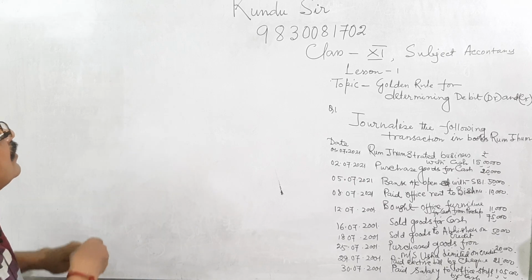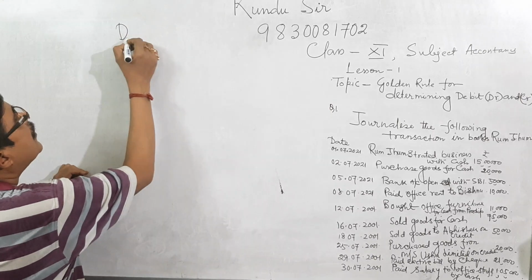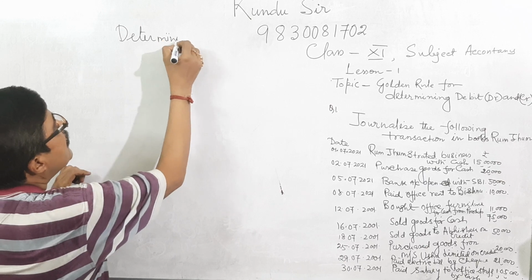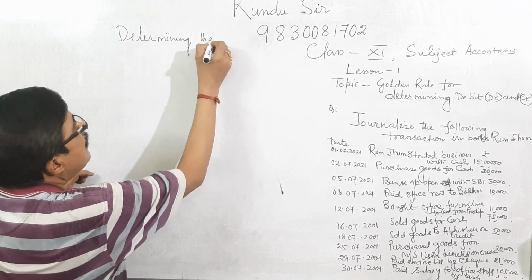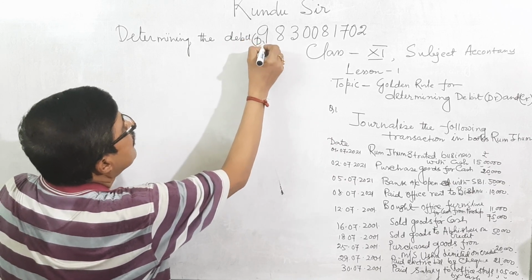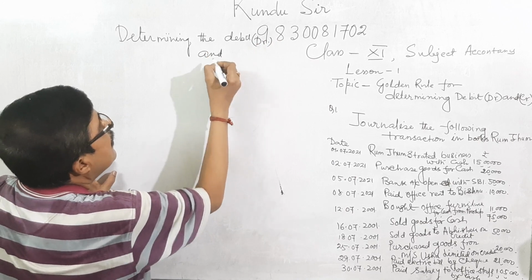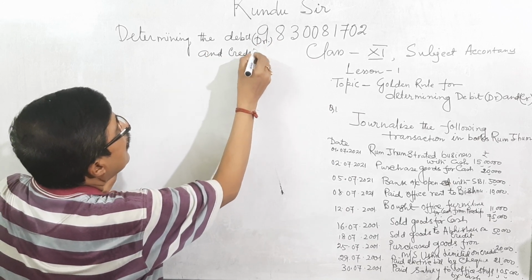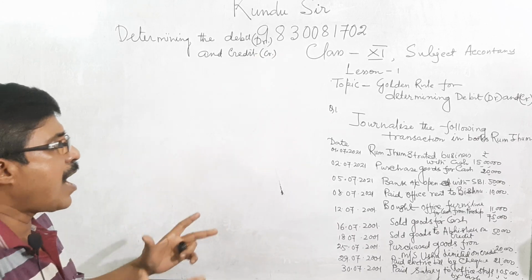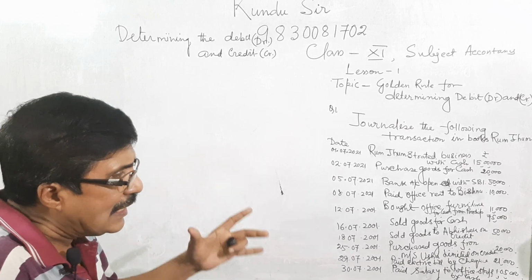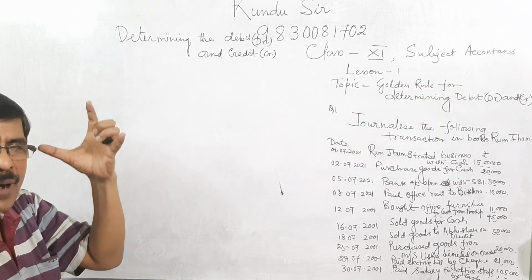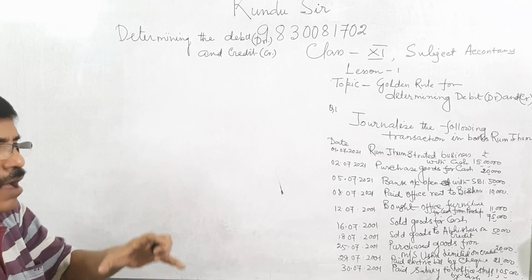First I am writing here the determination of debit, that is DR, and credit related to a transaction. Debit and credit are an integral part of accountancy. So we are taking a basket in which some accounts are kept.